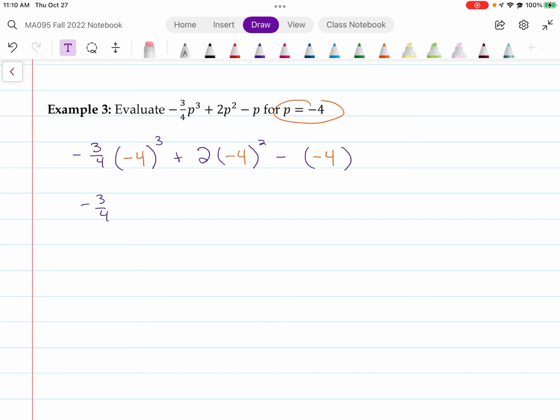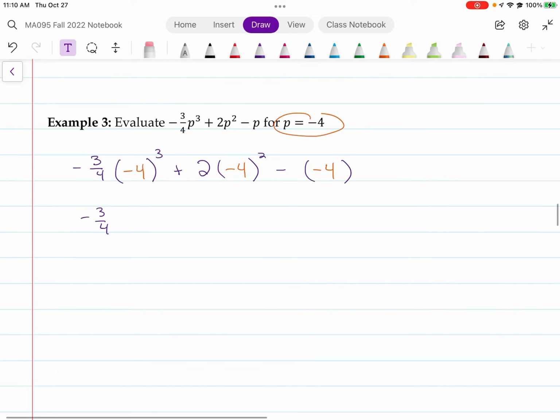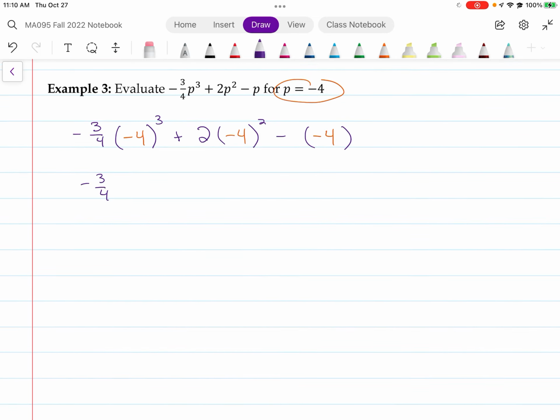All right, so negative 4 cubed is negative 64 plus 2, negative 4 squared is 16. Minus a negative 4 means plus 4. All right, negative 3/4 times negative 64 is 3 times 16, which is 48, and it's positive.